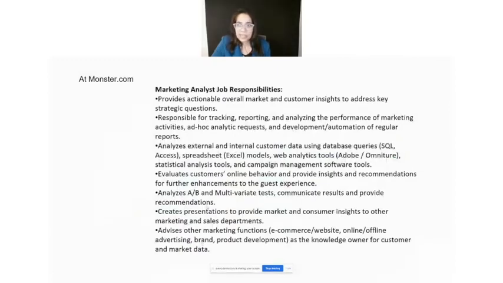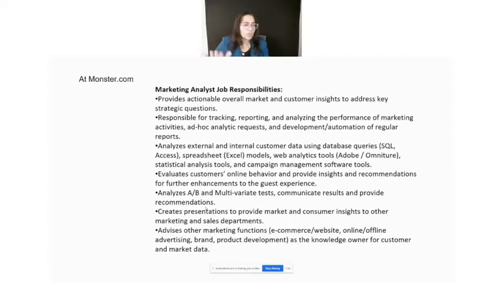Now, if you look at the marketing analyst job responsibilities, okay. This is one snapshot which I got from monster.com, and if you look at multiple job descriptions for a marketing analyst across different job portals, you're going to see a commonality.